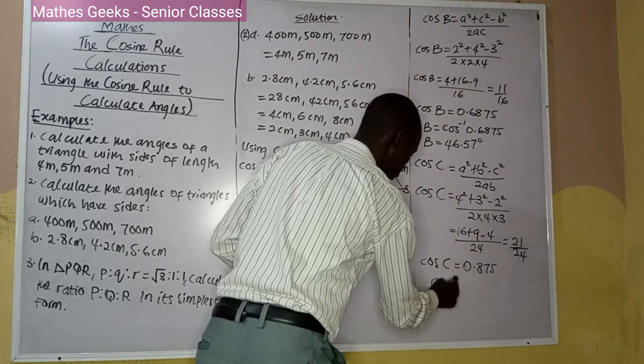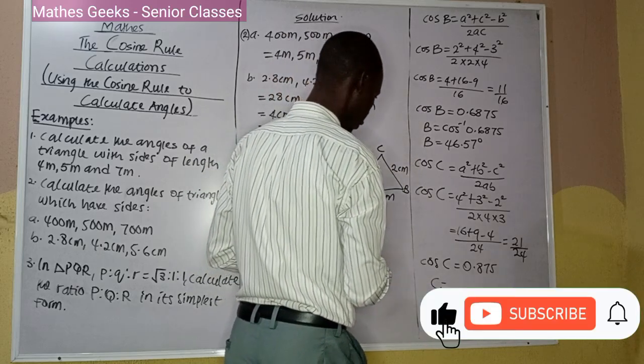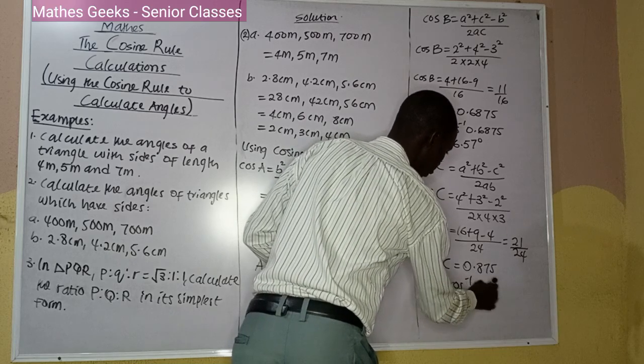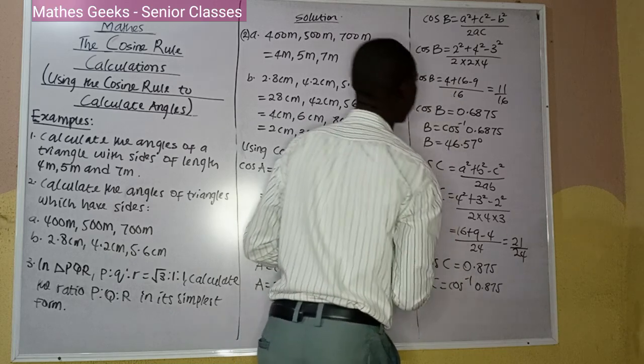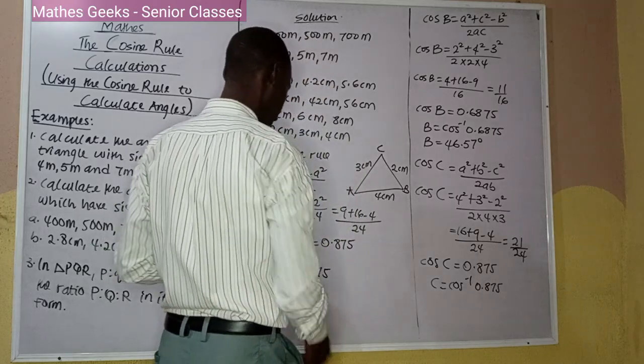So C is equal to arc cos 0.875, and we got something similar to that before.